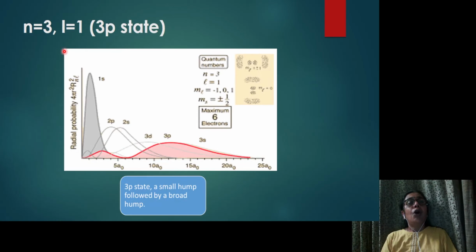Then for n equal to 3 and l equal to 1, that is for the 3p state, there is a small peak and a broader peak. Again, here we can see for ml equal to 0, this is the pattern in the two-dimensional picture, and for ml equal to plus minus 1, this is the pattern.